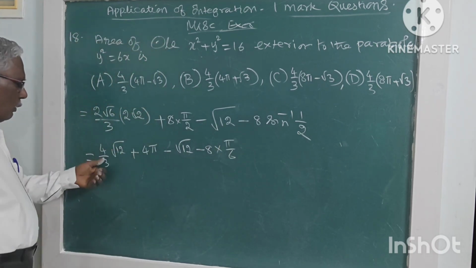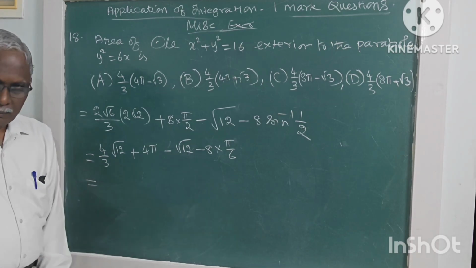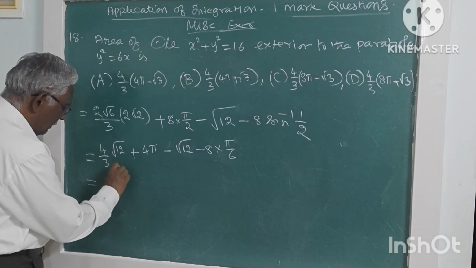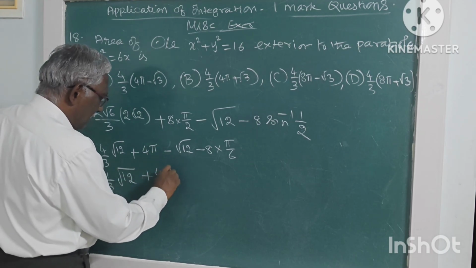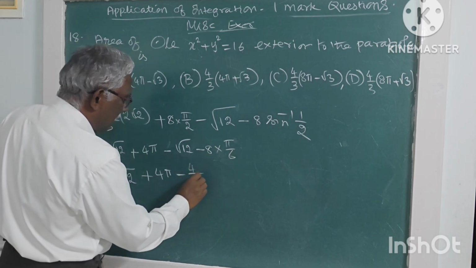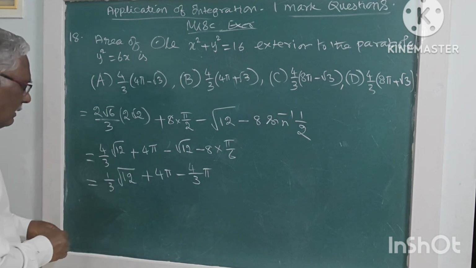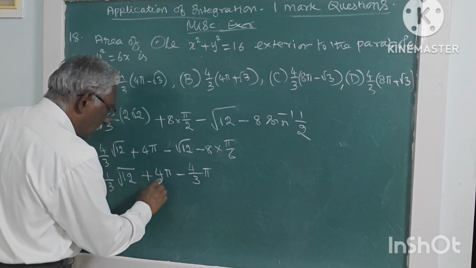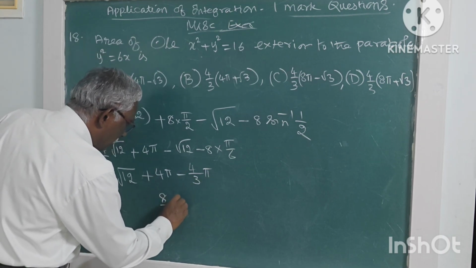So 4 by 3 square root of 12 minus square root of 12 gives 1 by 3 times square root of 12. Then 4 pi minus 4 by 3 pi, so 12 minus 4, 8 by 3 pi.